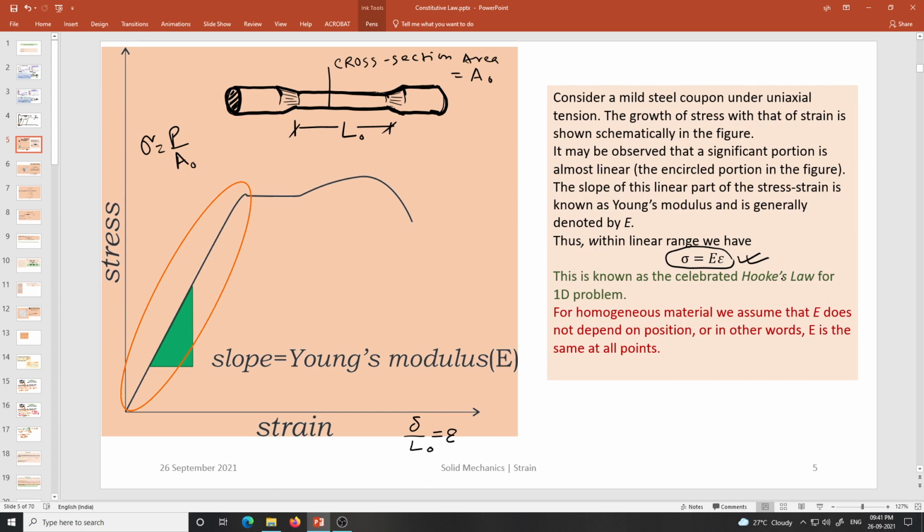And for homogeneous material, we assume that E is not going to vary from one point to another. That means if you sample at any point within the domain of interest, you are going to get the same value of E.